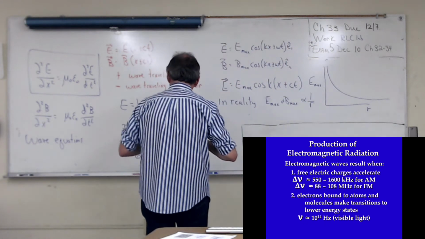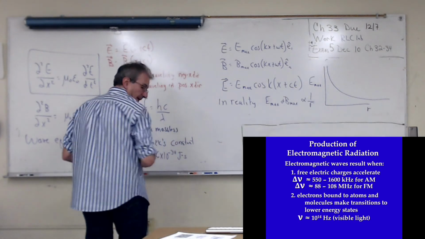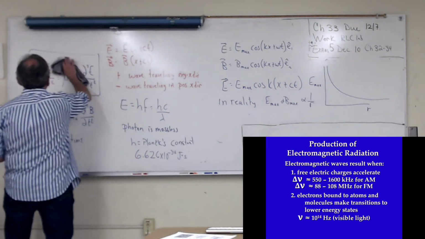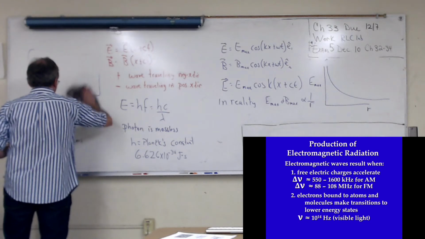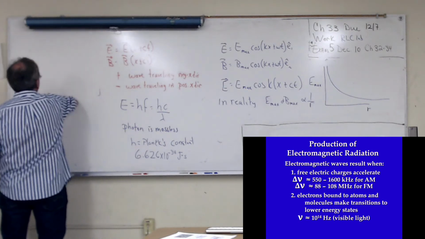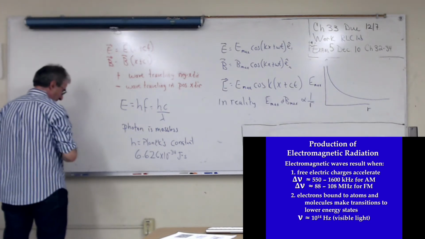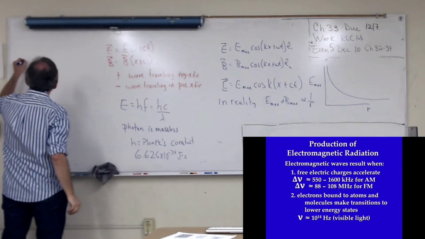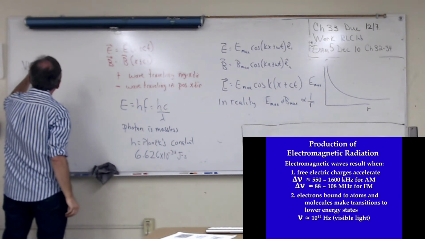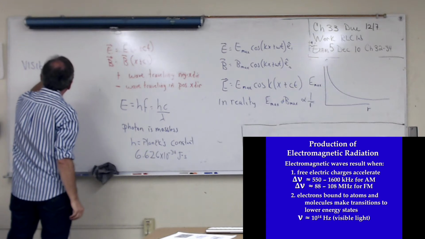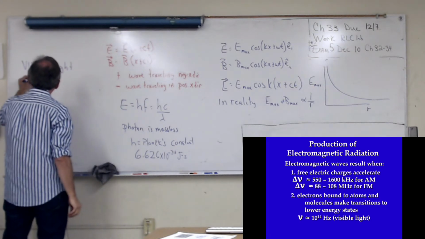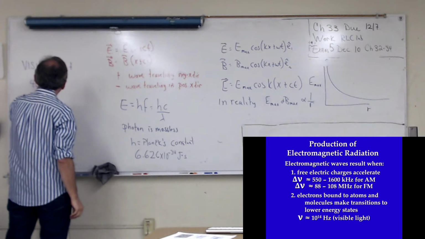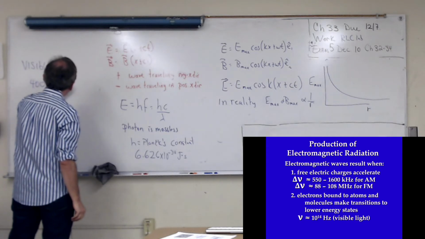Let me briefly say something about visible light. This you should know. One thing you should learn, especially in Physics 215, is that visible light is from 400 to 700 nanometers.